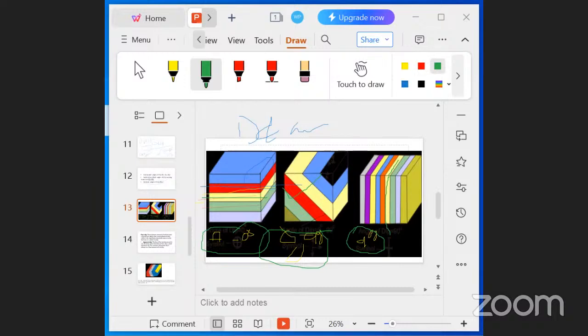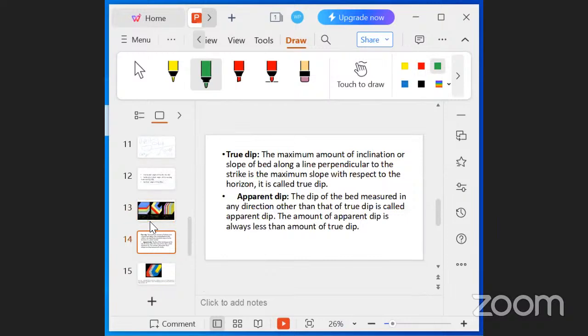So now, what are the true and apparent dip? See here, this is the true dip and this is the apparent dip.